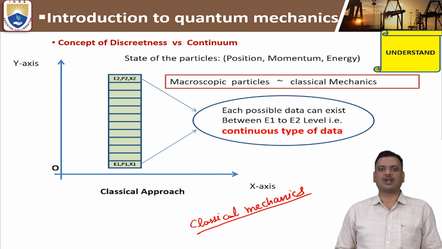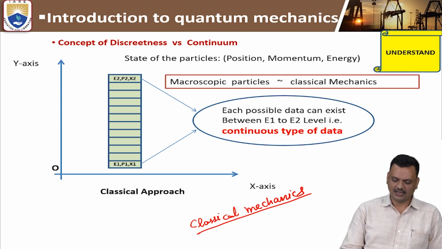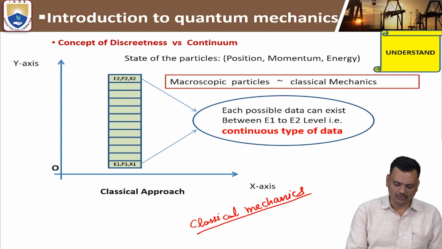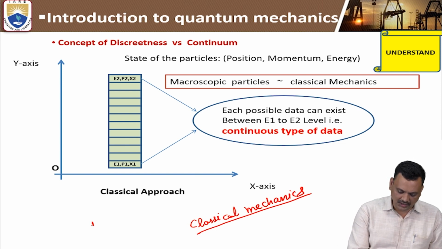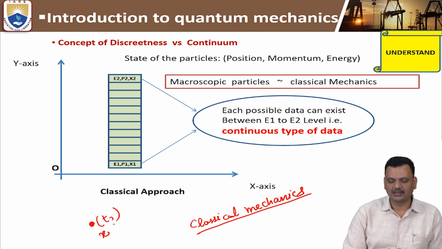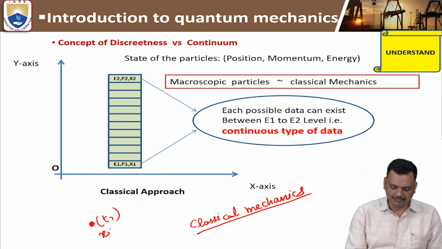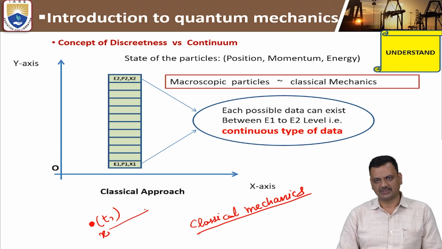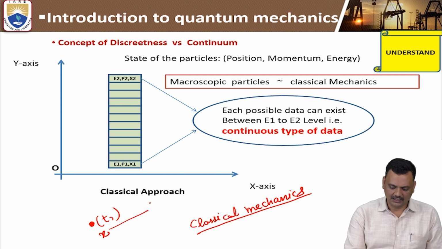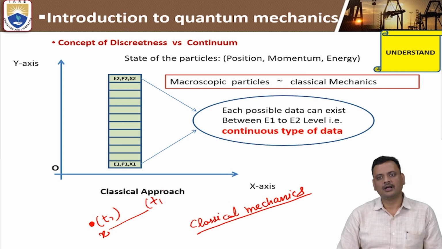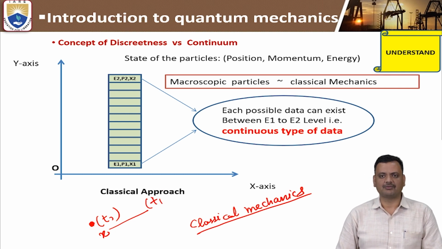So what is classical mechanics? In classical mechanics, if you know the position x of any particle at a particular time t, you can predict its position at any later time t1 with the help of some equation.